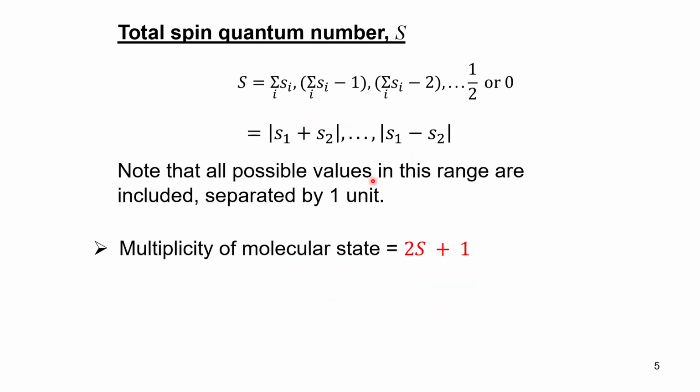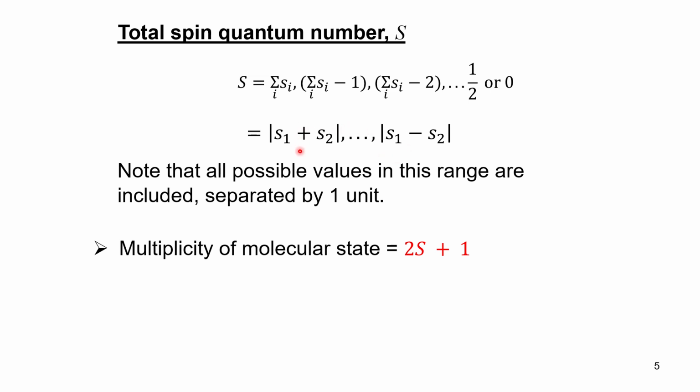The total spin quantum number S is determined by the combinations of individual spins for each of the electrons in the molecule. The possible values for the spin quantum number range from the sum of the spins down to the absolute difference, typically separated by 1 unit.